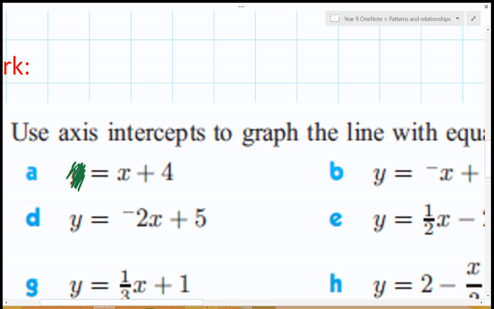It's going to be negative 4 because I need to bring it over to the other side of the equals. If you write that equation out, it would be 0 equals x plus 4. So you'd have to subtract 4 from both sides, so you'd have x equals negative 4. Alright, get to it everyone.